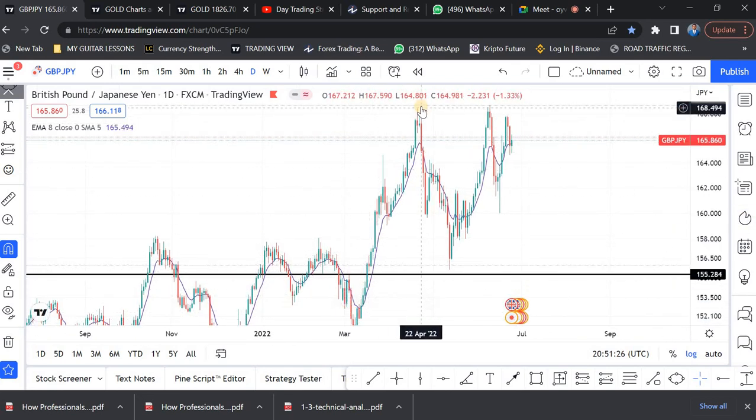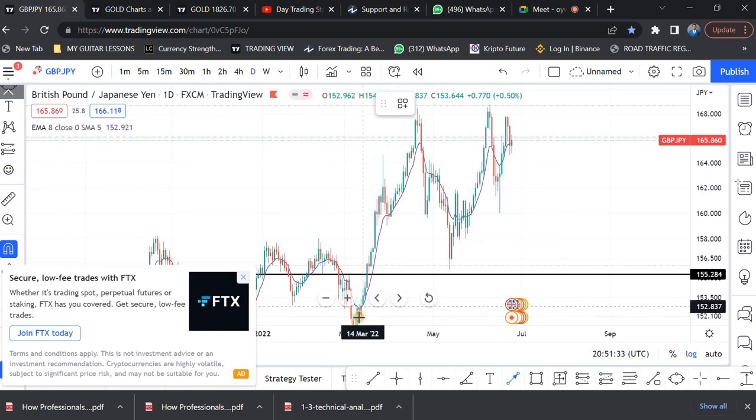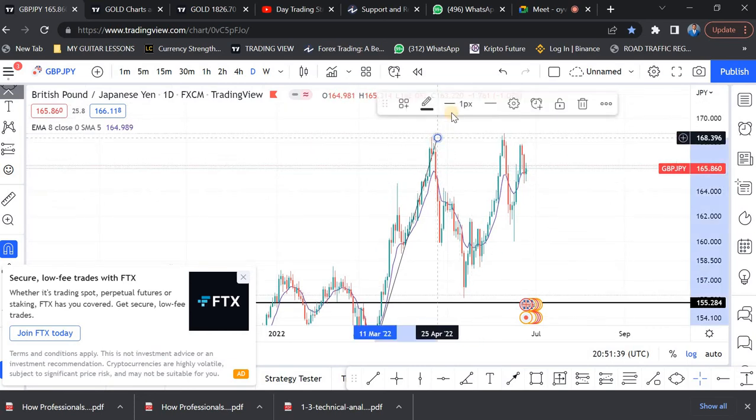It went up and then there was a pullback down here. Let me draw it well for you. Price moved from down here and it broke the resistance and went up to this level. Okay, let me make it clear for you to see.